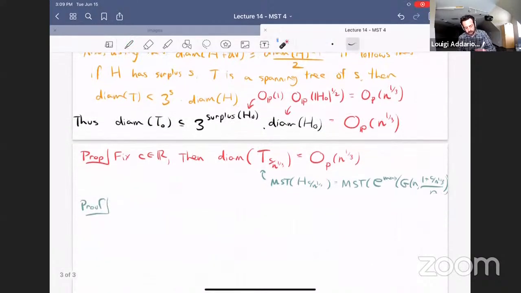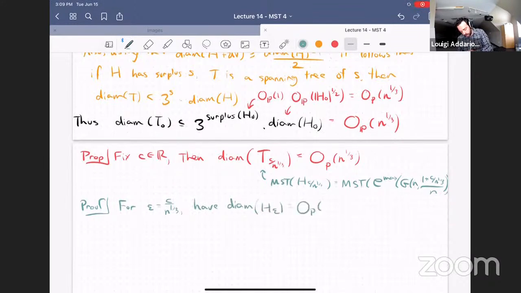And the proof of that is no different from the proof that we just did, because for any C, we just did the proof in the case C is 0, but for any C in this range, if epsilon is C on n to the 3rd, then we know that the diameter of H epsilon is of order the square root of its size. So that's still of order n to the 3rd. And the surplus of H epsilon is still of order 1.